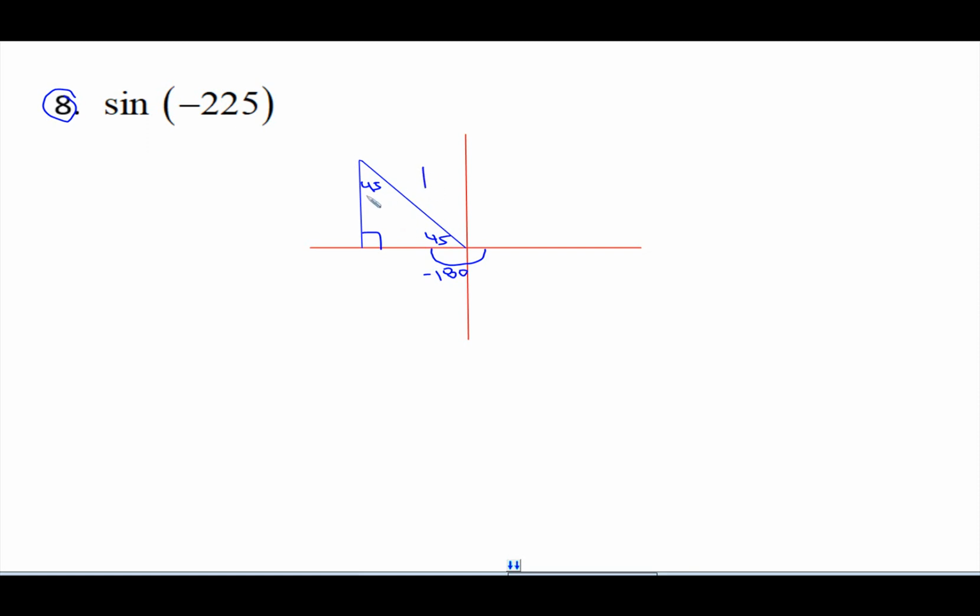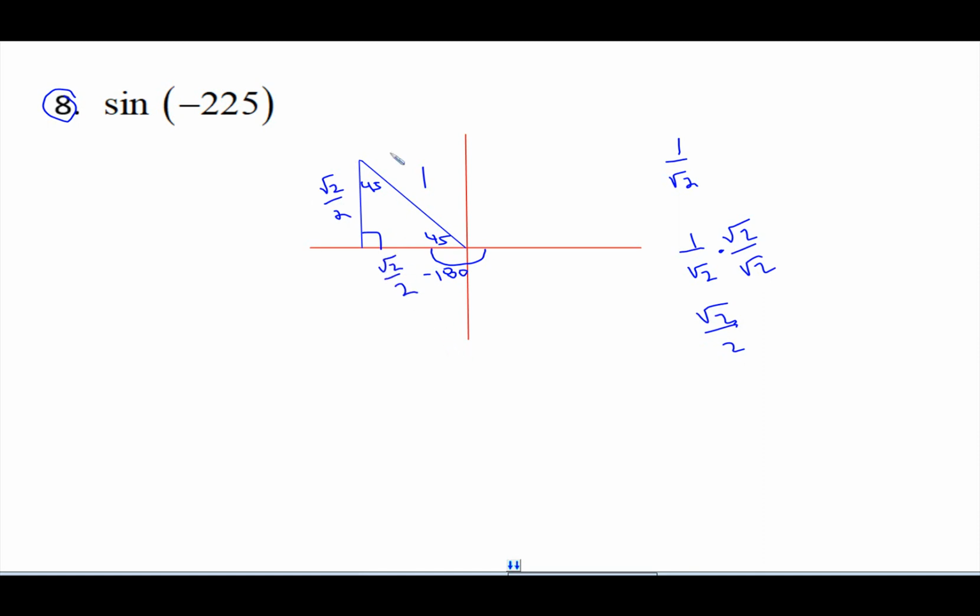If this is a 45, 45, 90 right triangle and you know the hypotenuse, to find the leg you divide by radical 2. So 1 divided by radical 2 is 1 over radical 2, and we rationalize it. We end up with radical 2 over 2, and radical 2 over 2.